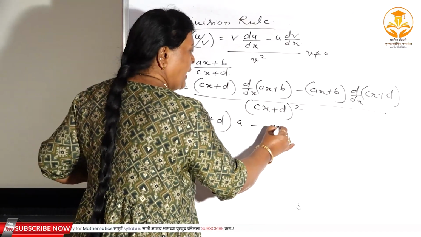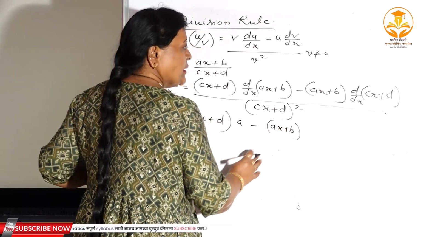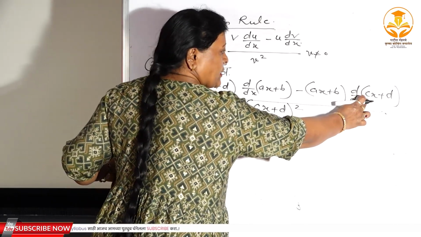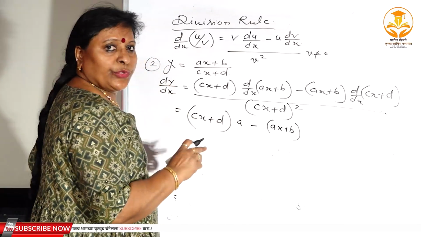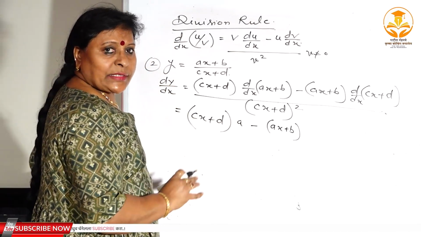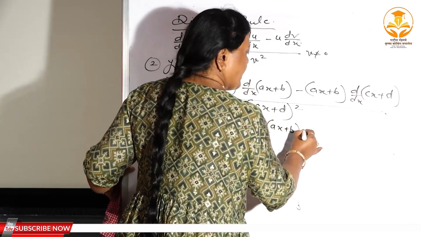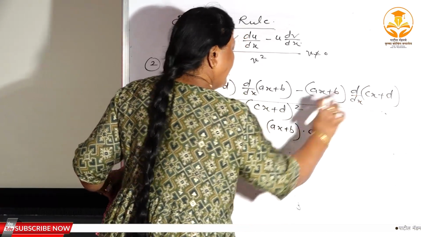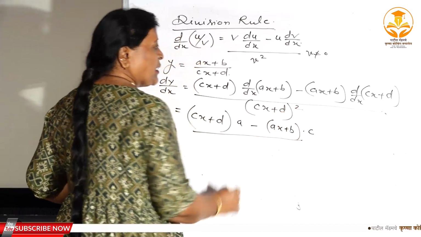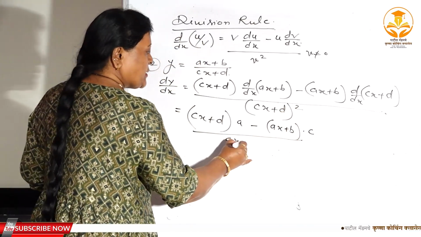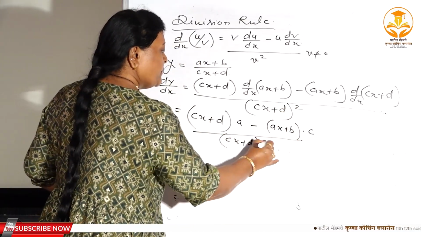Minus (ax plus b) remain as it is. The derivative of 2x is 2, 3x is 3, 4x is 4, 10x is 10, 100x is 100. In the same way, the derivative of cx is c, and the derivative of d is always equal to 0, because that is a constant. Again, (cx plus d) whole square, right?